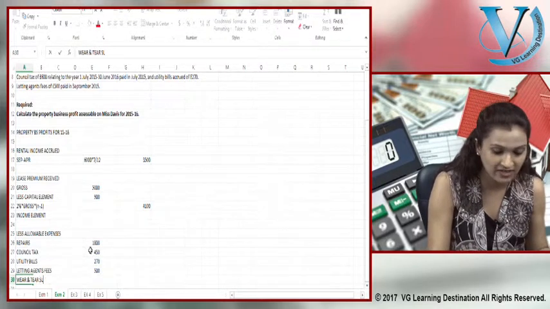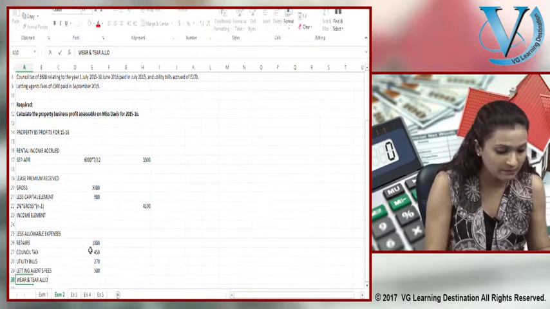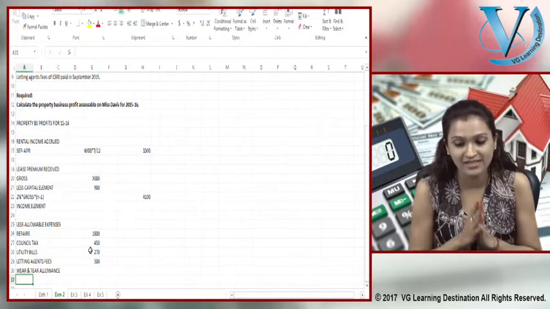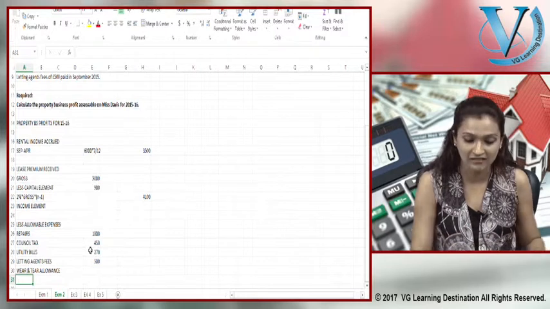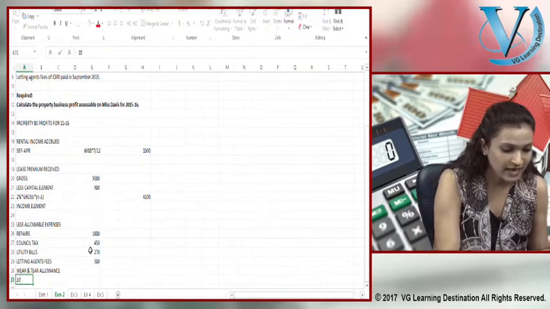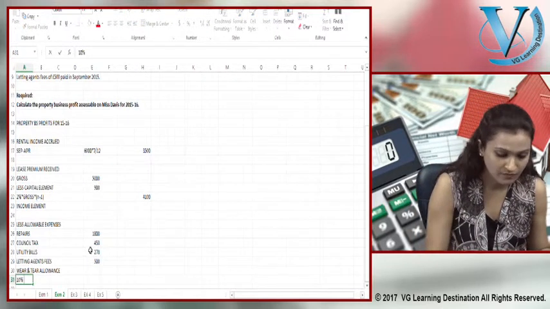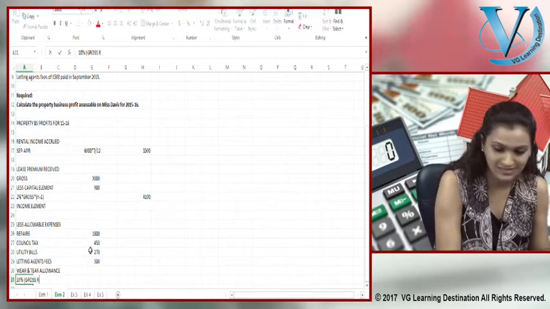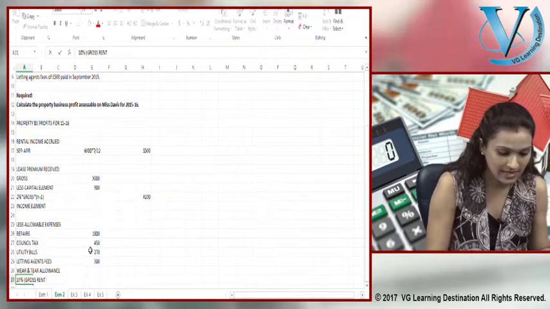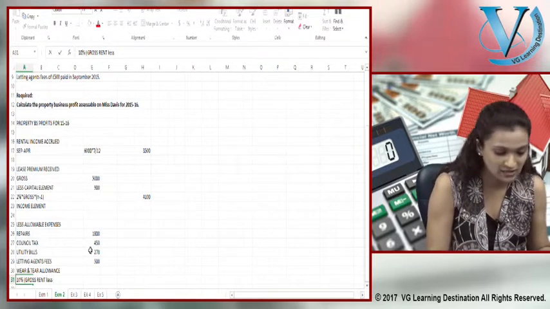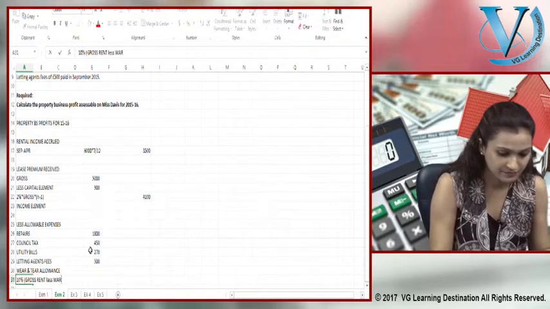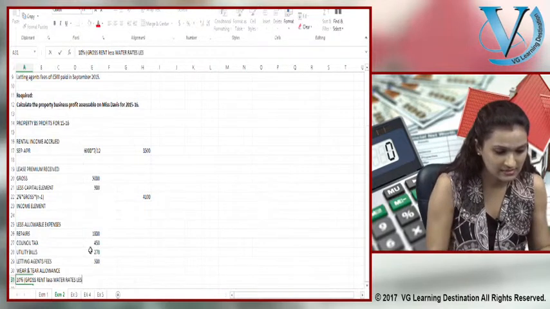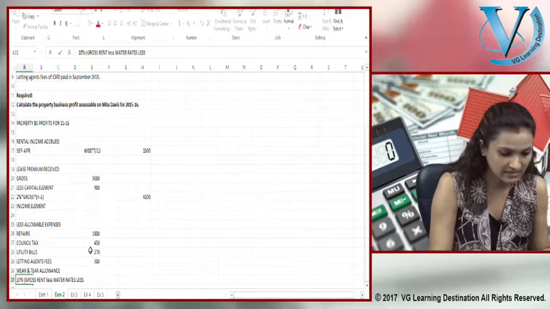I'm again and again reiterating, it will not be mentioned in the question. You need to be able to calculate this wear and tear allowance yourself, which is equal to what? 10% of gross rent less your water rates less your council tax.